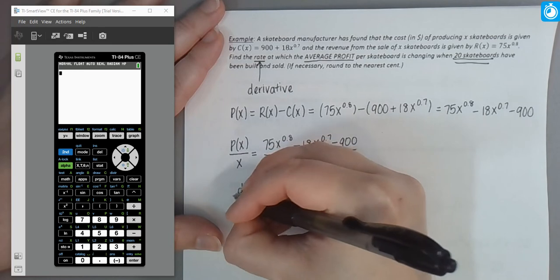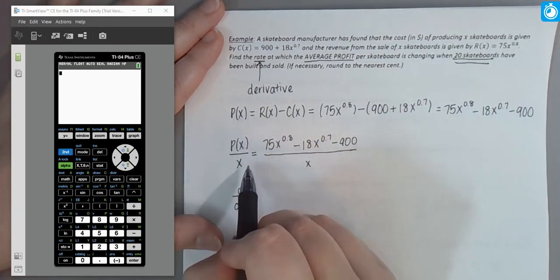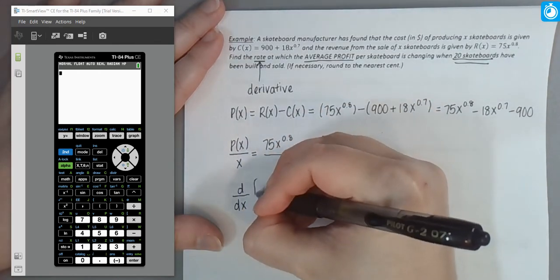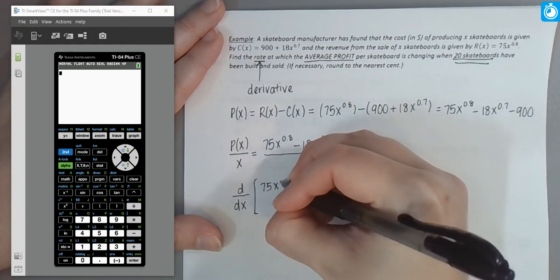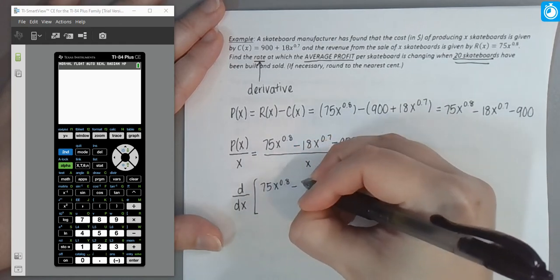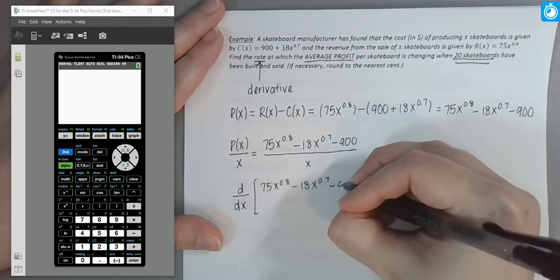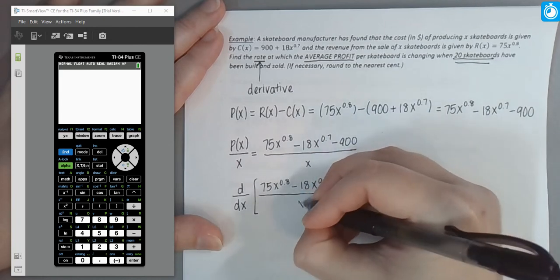So we are taking the derivative with respect to x of our average profit function, which is going to be this function. And I'm just going to sub in the actual function expression. So 75 times x to the 0.8 minus 18 times x to the 0.7 minus 900, divided by x.